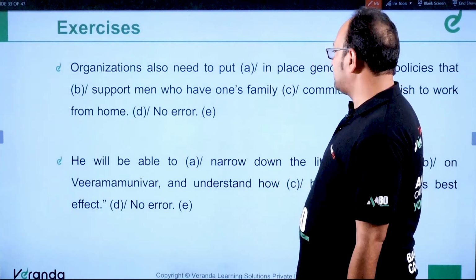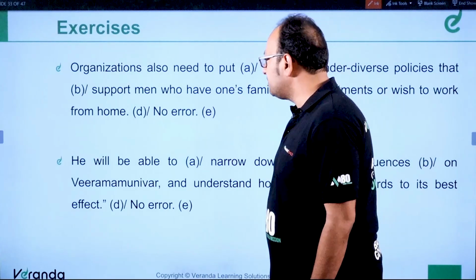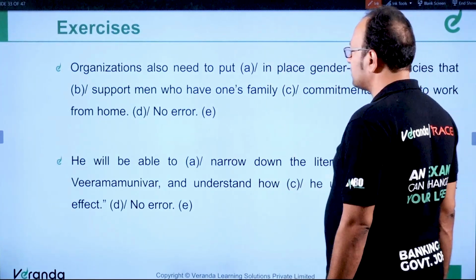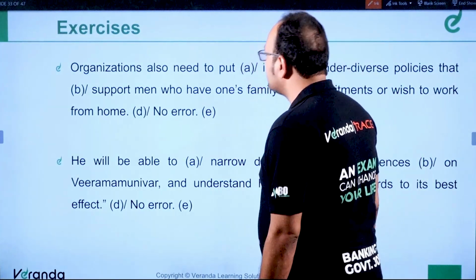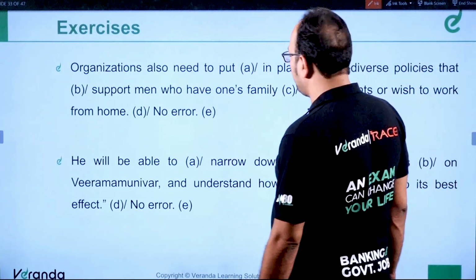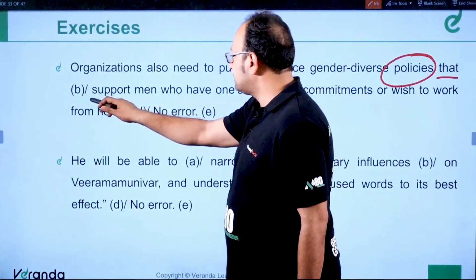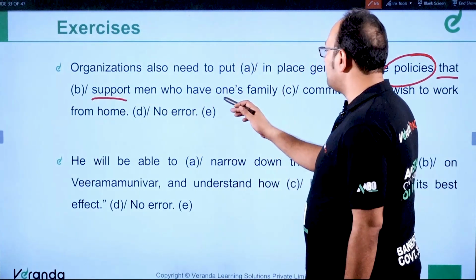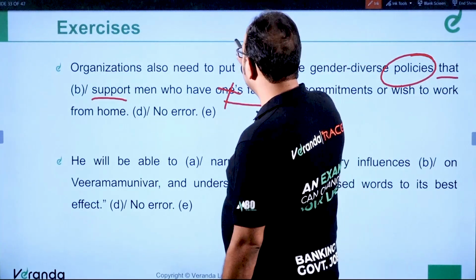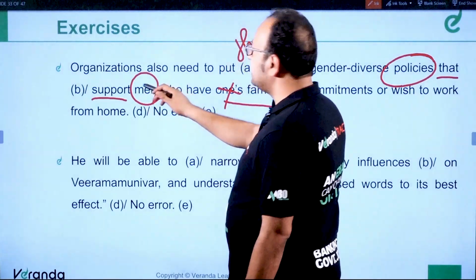Organizations also need to put in place gender diverse policies that support men who have one's family commitments or wish to work from home. See, that is a relative pronoun, policies is plural, so support is a plural verb, no problem. Men who have one's family should be men who have their family, T-H-E-I-R, because the antecedent is men.